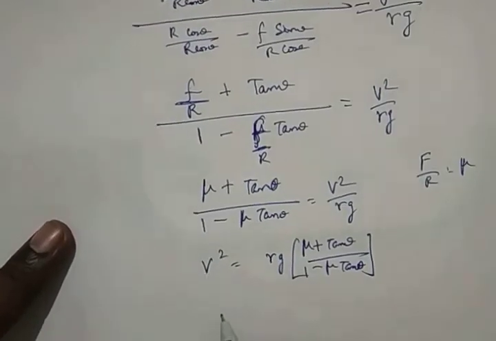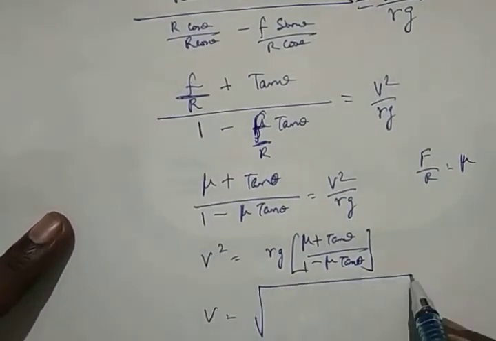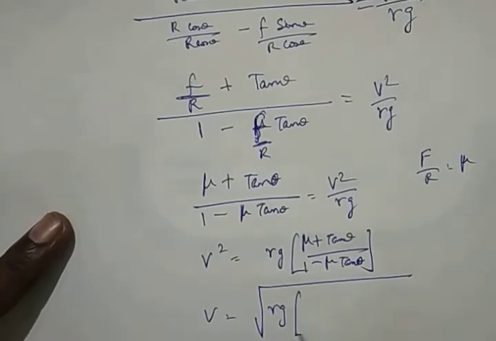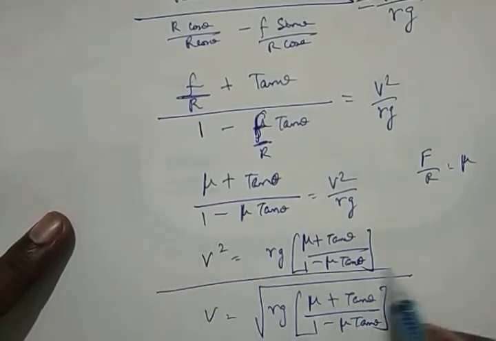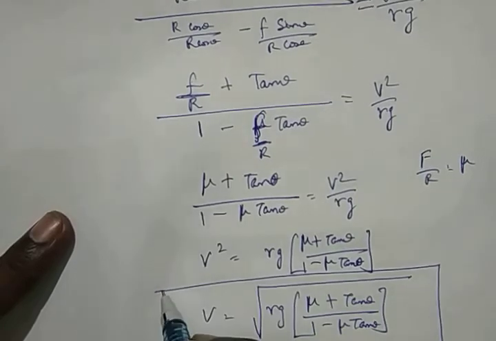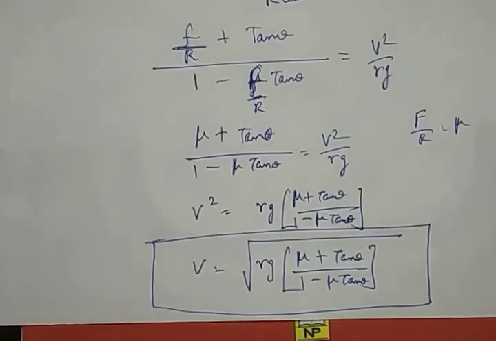So what is v alone? Put entirely into this one: mu plus tan theta upon 1 minus mu tan theta. This is the final expression. You will be asking, sir, why such a big derivation? Getting very confused.